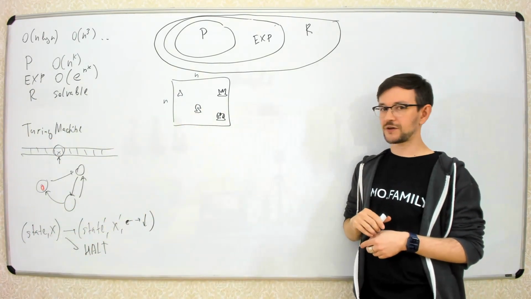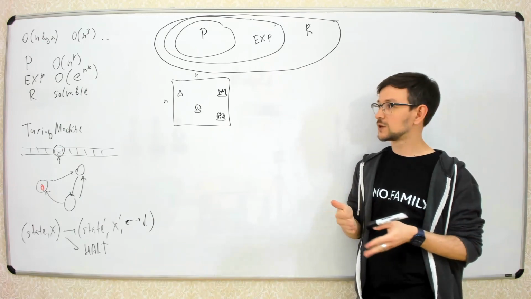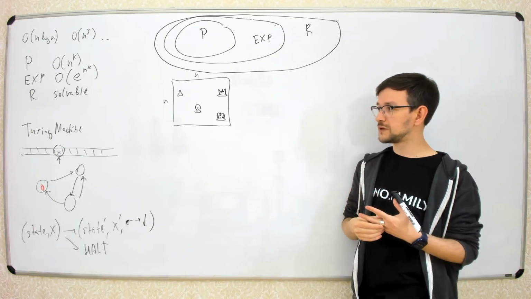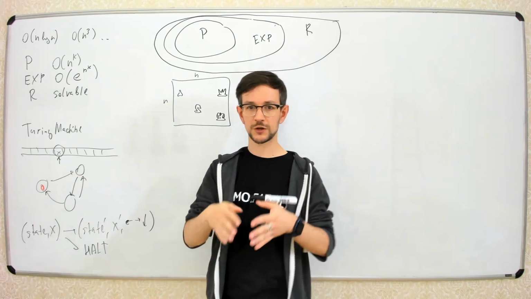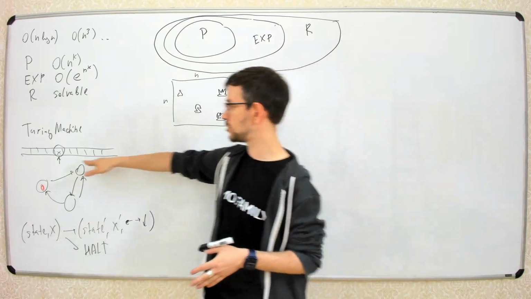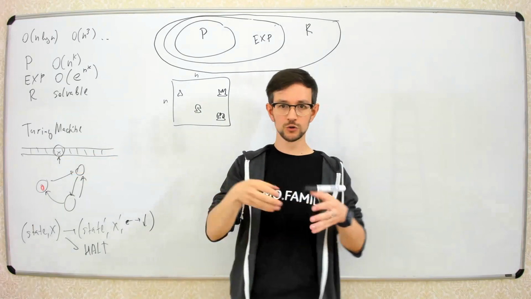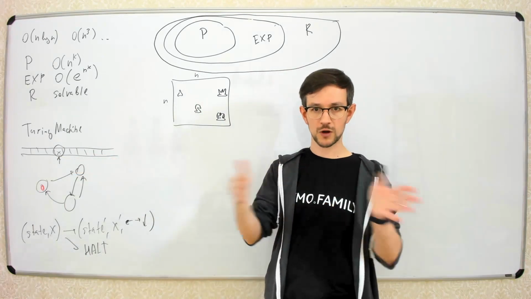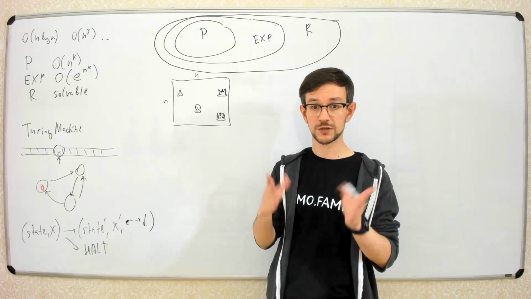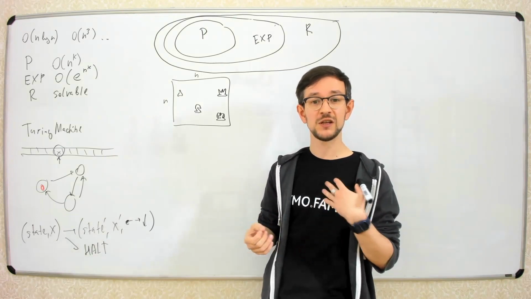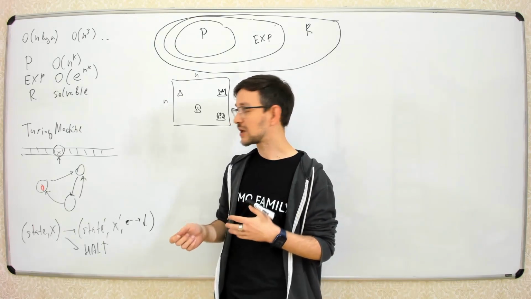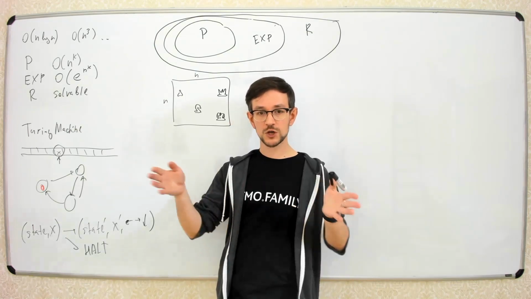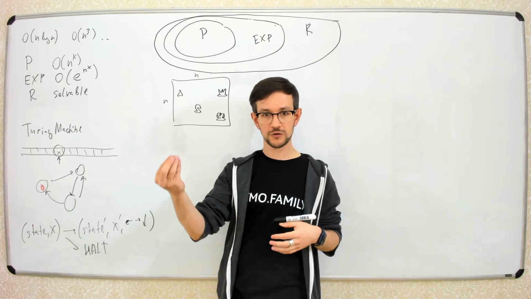Solvable means that there is a solution for your problem. If you have some problem, you can build a Turing machine which solves your problem. If you give your Turing machine your input, it will produce your output in some finite number of operations. It's important: if your number of operations is infinite, then it means you don't have the result, right? The important part is that the Turing machine must stop at some point and give you the result.